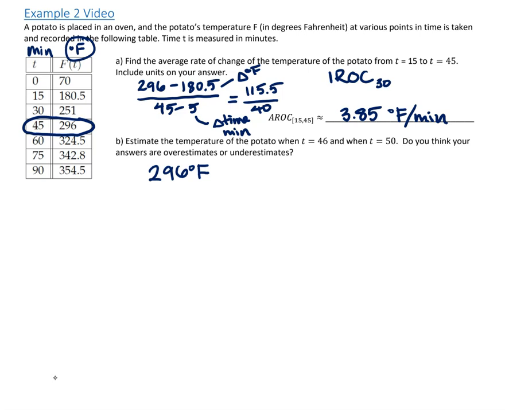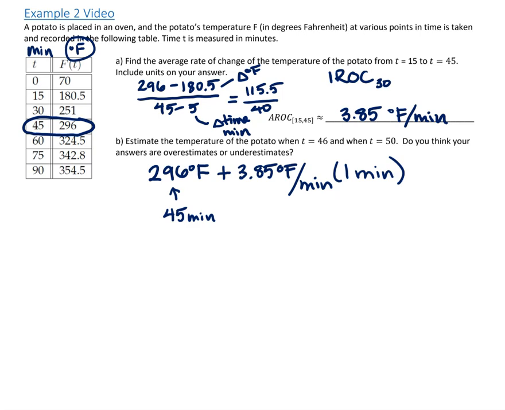And what we just calculated was an average rate of change, an estimate for how fast the temperature was increasing. So we expect that temperature to go up by 3.85 degrees Fahrenheit per minute. And if we're starting with the temperature from 45 minutes, then it's been 1 additional minute, so times 1 minute.